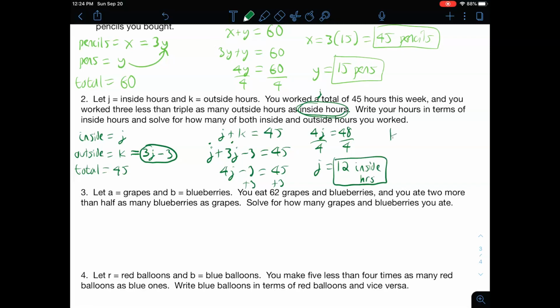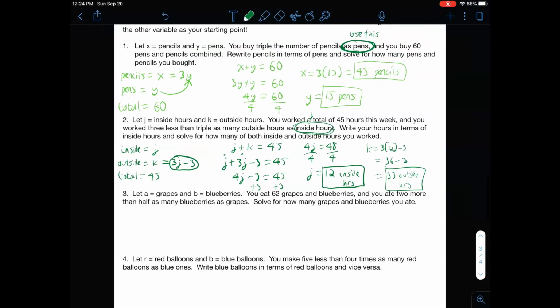And then we can take what we found, we can use K equals 3 times inside hours minus 3. That's 36 minus 3, 33 outside hours. Okay?